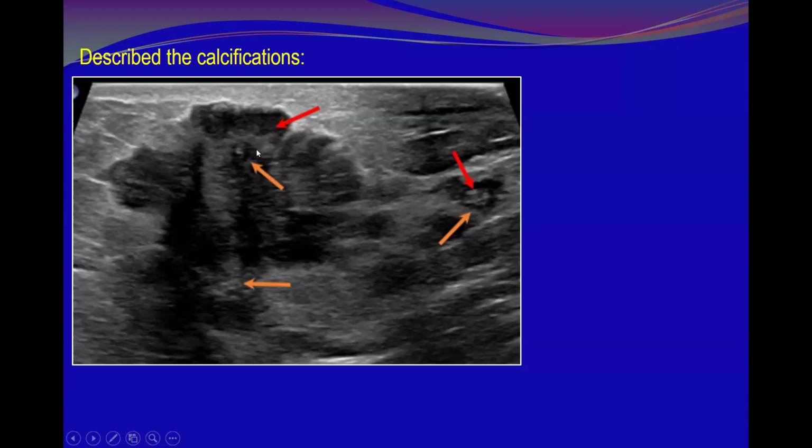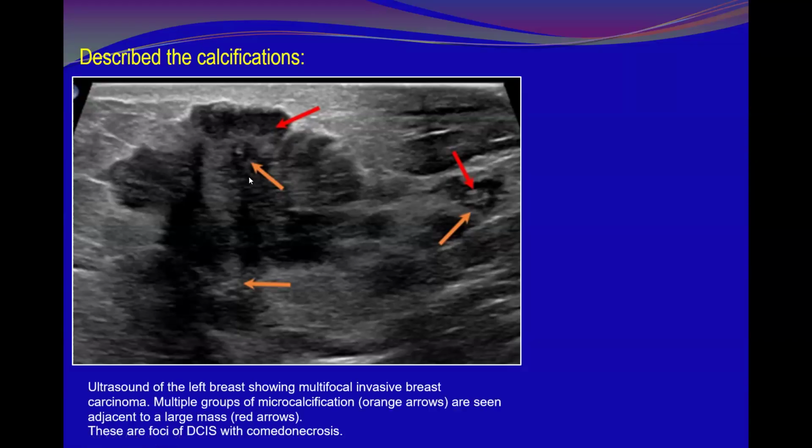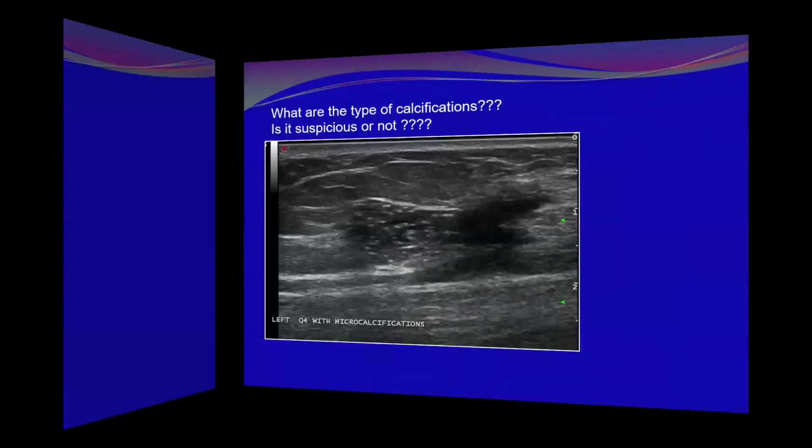Intraductal, intra-mass, in the mass. Here you have calcification in a mass. Okay, this we call calcification in a mass, in a case of DCIS comedo type.